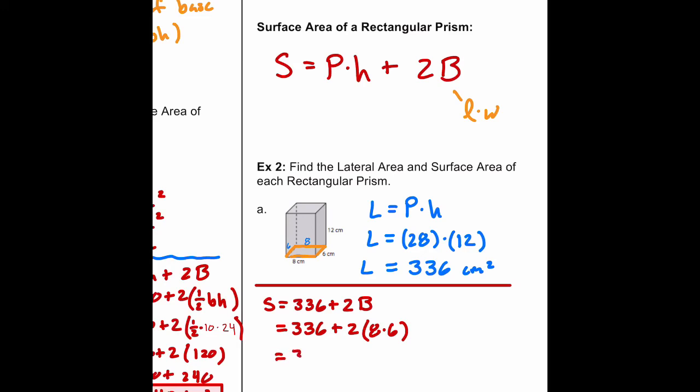So that's 336 plus 2 times 48. Then I can evaluate this all in one step, and we end up with a grand total of 432 centimeters squared.